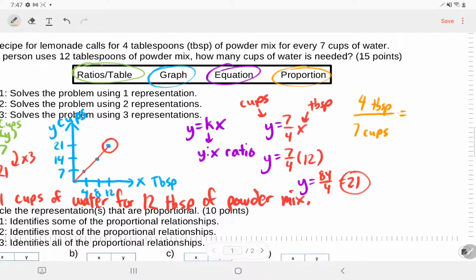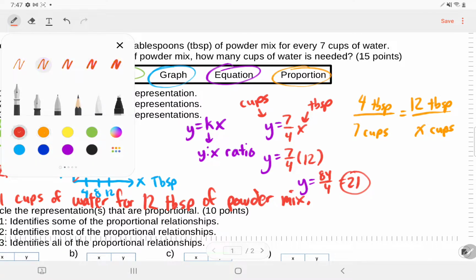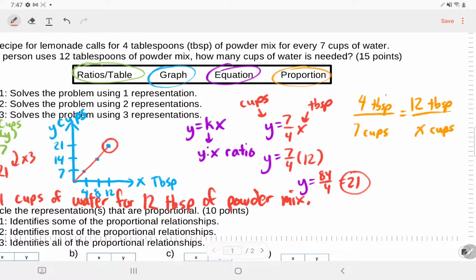And we set that equal to, we know that there's 12 tablespoons we want to get to. And we're trying to figure out how many cups. So if we want to get from 4 to 12, multiply by 3. And if we want to get 7 to our unknown, we also multiply it by 3 in the denominator. So 7 times 3 is going to give us 21 cups.